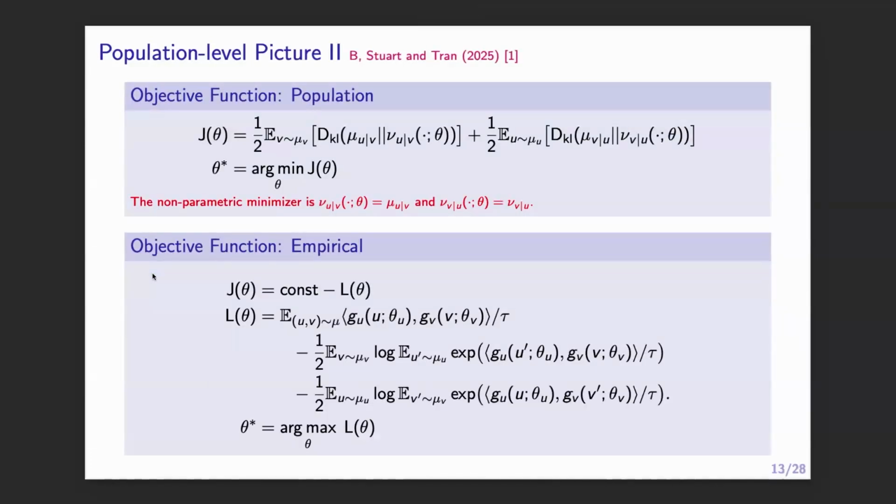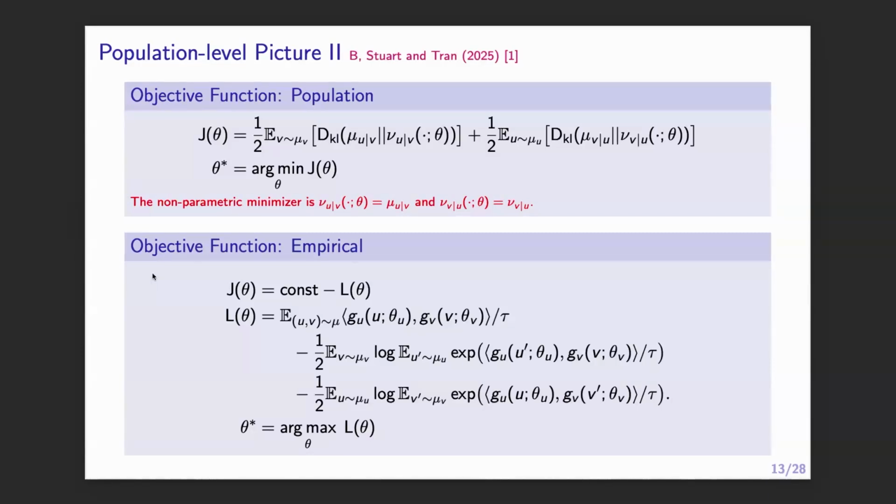Now, given this formalism, I can define objectives to learn the parameters of this approximate distribution nu in order to match the data distribution mu. In particular, one objective that one can construct is to say, if I have the true conditionals mu of u given v and v given u, I can measure some divergence between those two conditionals and the conditionals under my model, parameterized by theta.